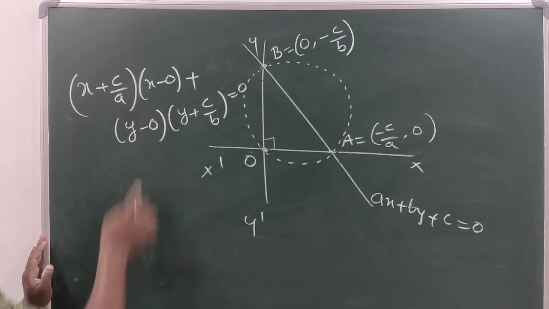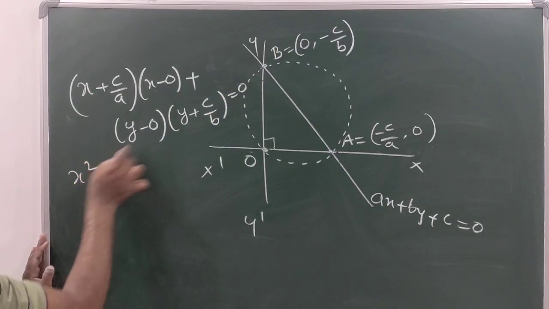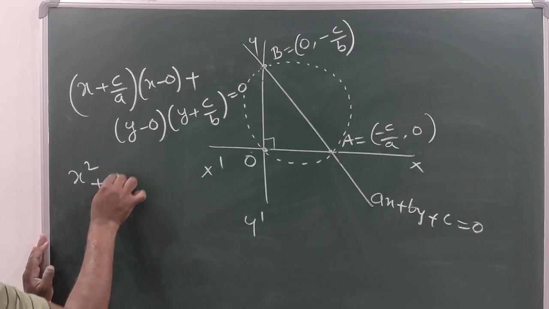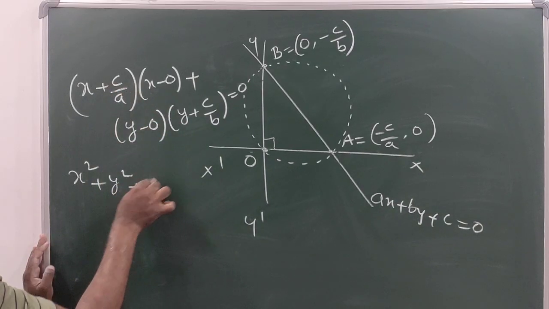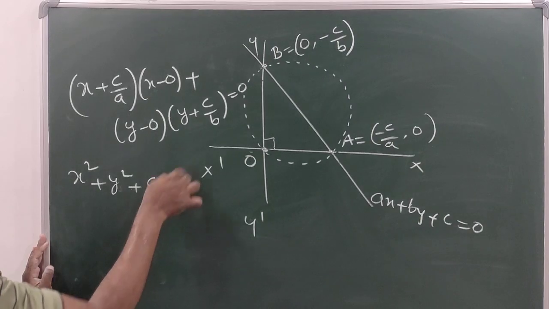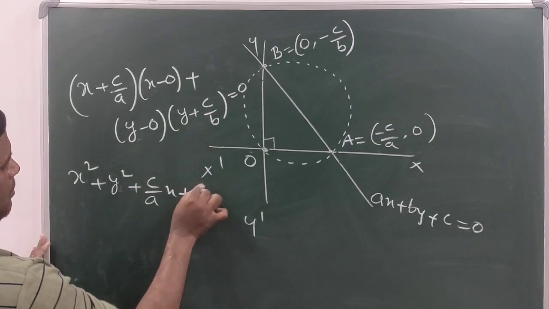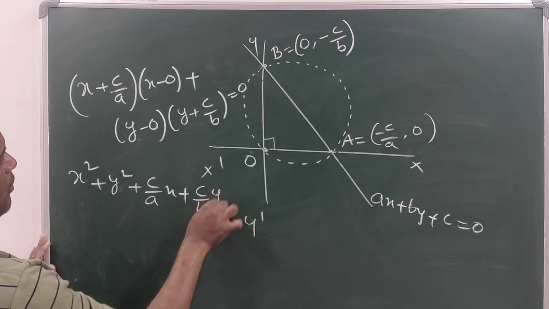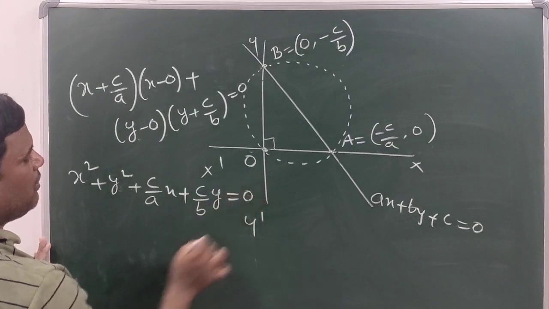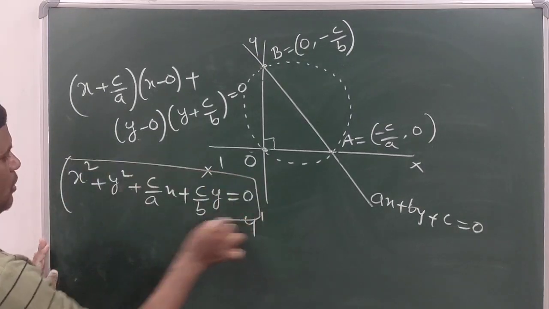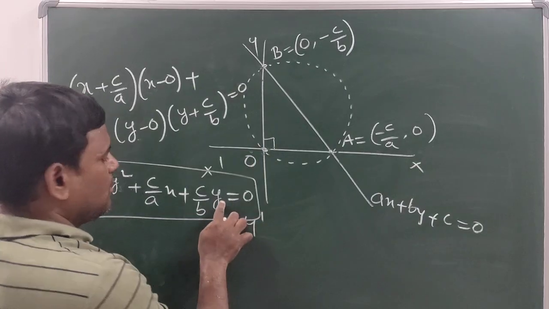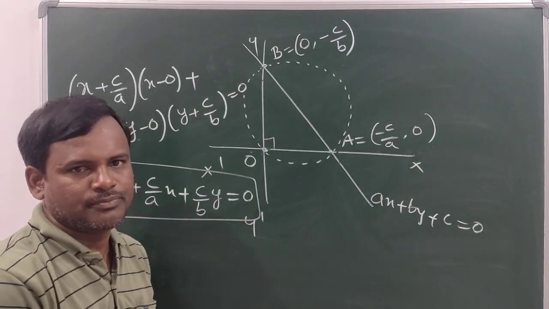Now simplify this. We get x square plus y square plus c by a x plus c by b y equal to 0, because this is passing through the origin, hence the constant term will not come.